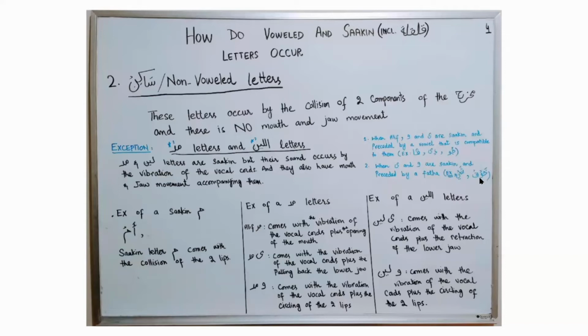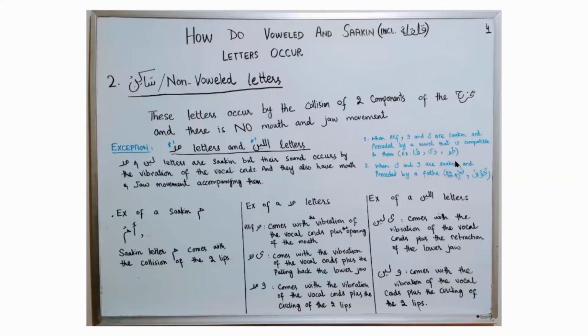So if you see in this example, letter waw is sakin and it has a fatha before it. In this case, letter ya is sakin and it has a fatha before it. And now letter ya and letter waw are in a leen condition, and we will say khawf, shay, and this letter ya and this letter waw are in the leen condition, and leen letters come with the vibration of the vocal cords and not with the collision.